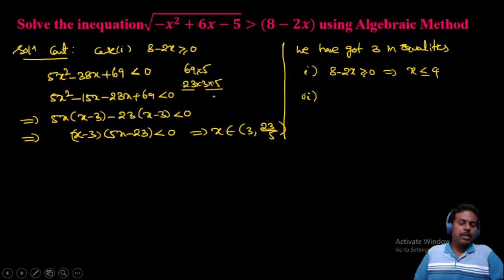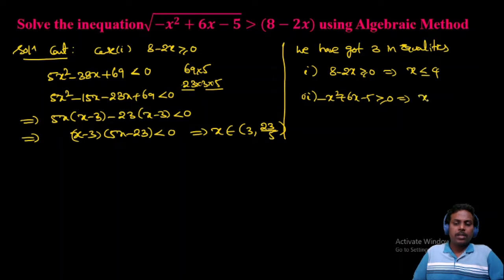And the second simultaneous inequality is minus x square plus 6x minus 5 greater than or equal to 0, which implies x belongs to the interval 1 to 5 closed.